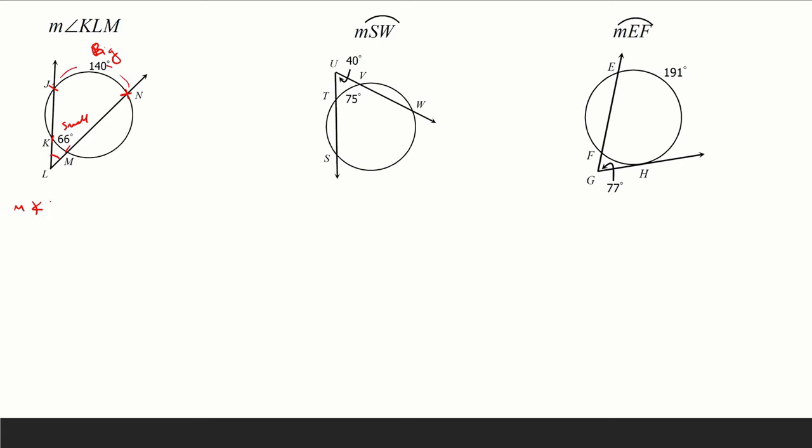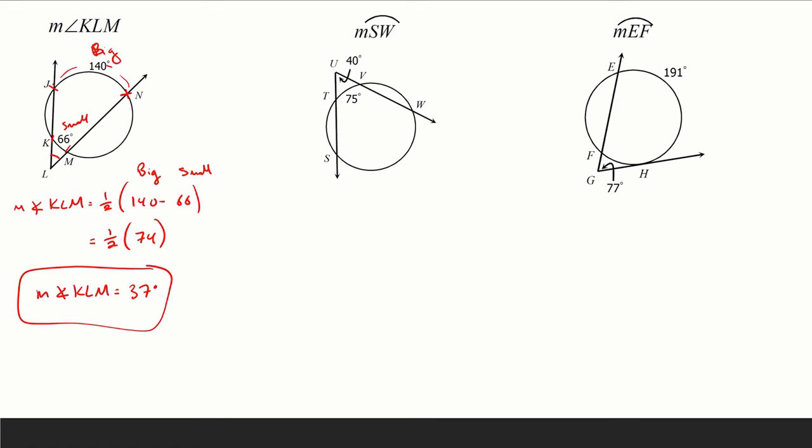So the measurement of angle KLM is going to equal half of the big arc, which is 140, minus the small arc, which is 66. From here, all we're going to do is simplify each time. So we're going to take half, and then 140 minus 66 is 74. And so here we get that the measurement of angle KLM is going to equal 37 degrees.